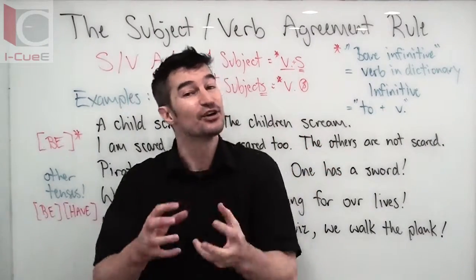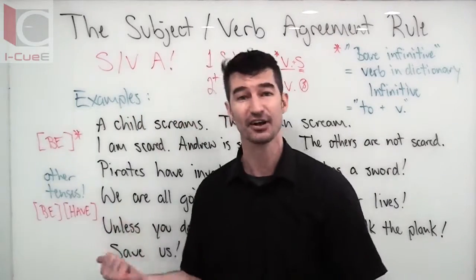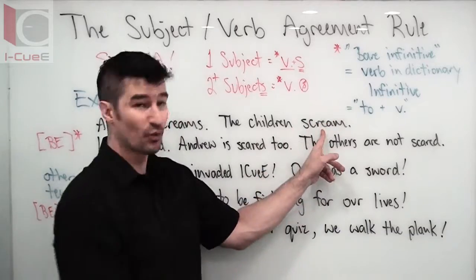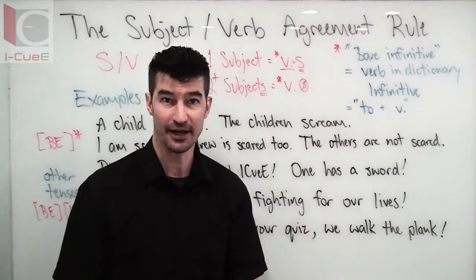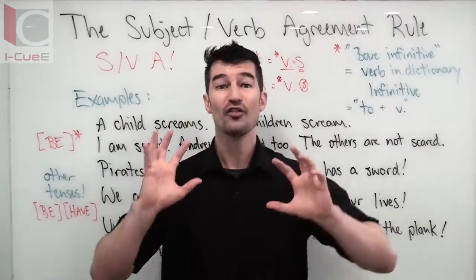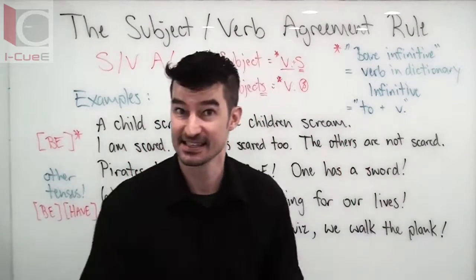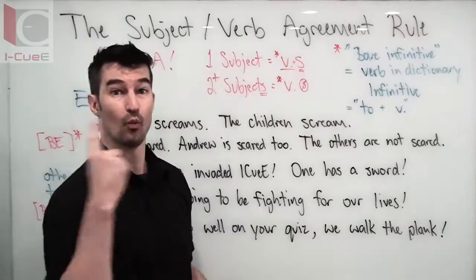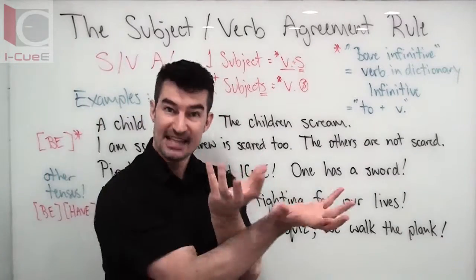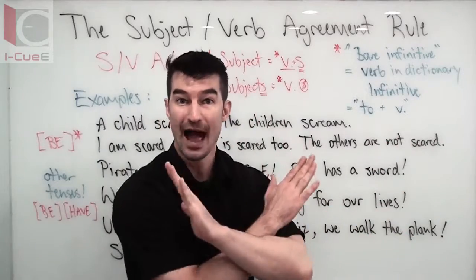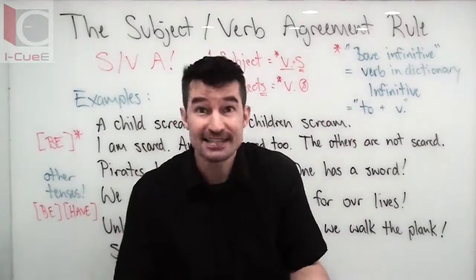Children is the irregular plural of child. One child, many children. Scream is just the word that you would look up in the dictionary. This is all the subject-verb agreement rule is in the simple present tense. One, verb plus S. More than one, verb no S. How hard is that?